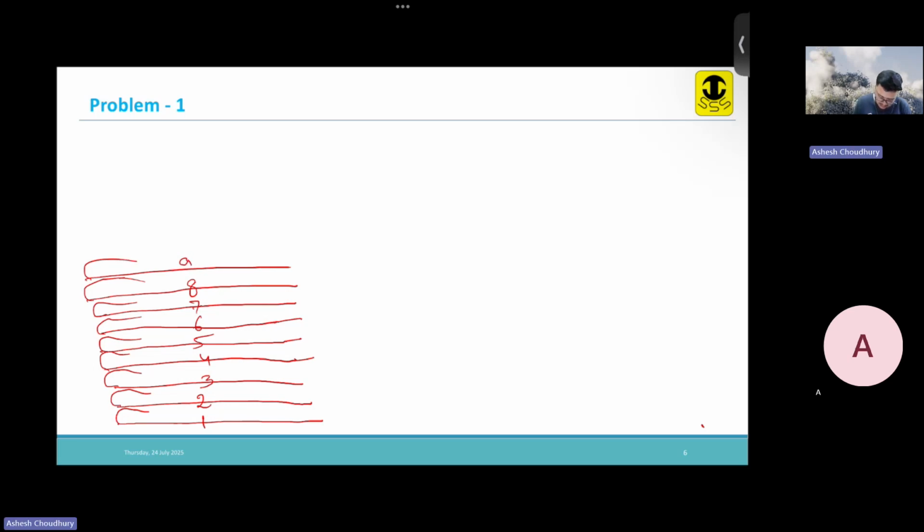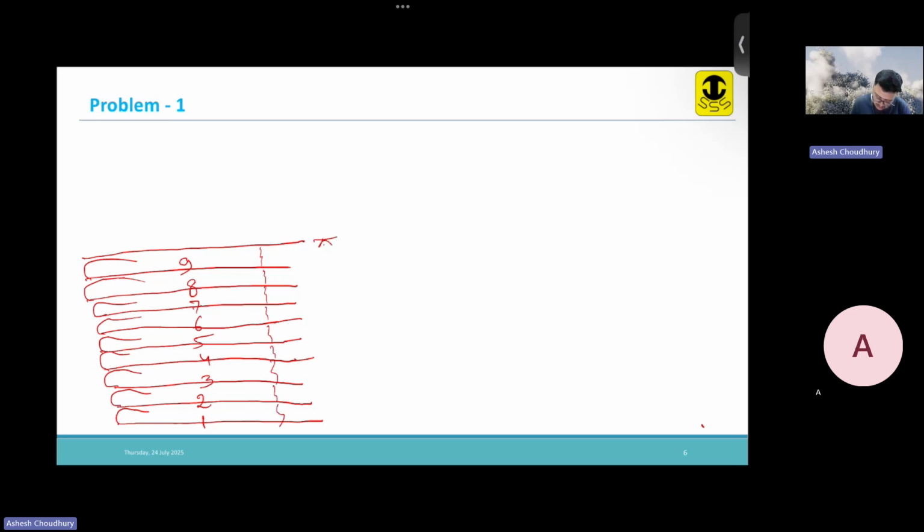So these 9 layers. 1, 2, 3, 4, 5, 6, 7, 8, 9.